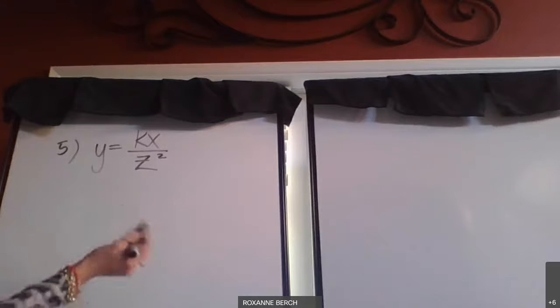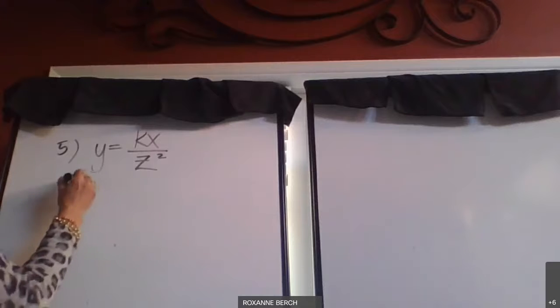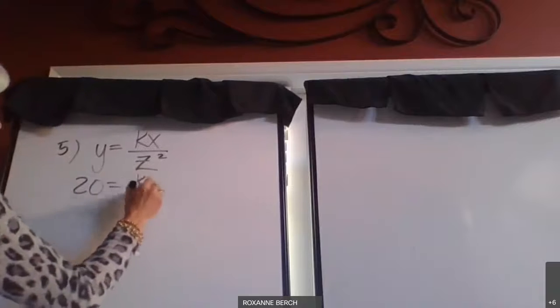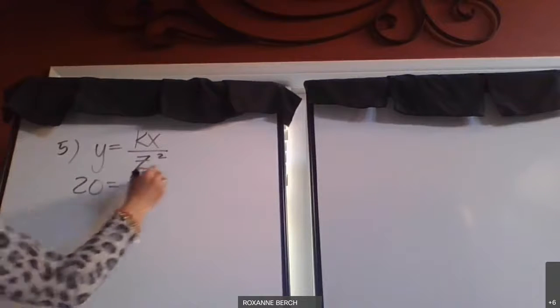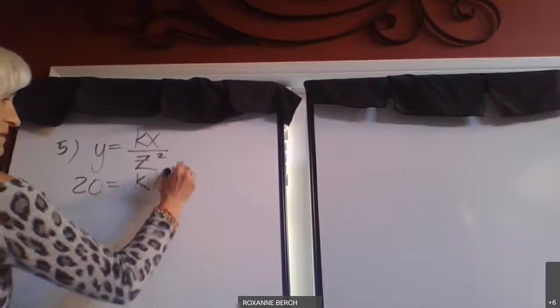So since y varies directly as x and inversely as the square of z, this is what we have. You okay with that? And then y would be 20, k is your constant of variation, and then your x is 50.